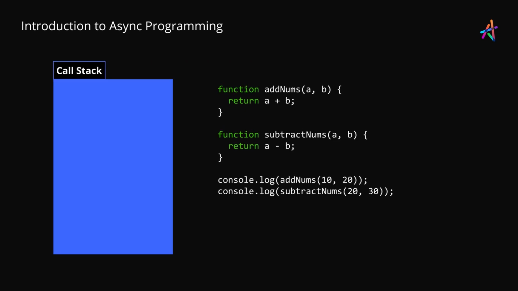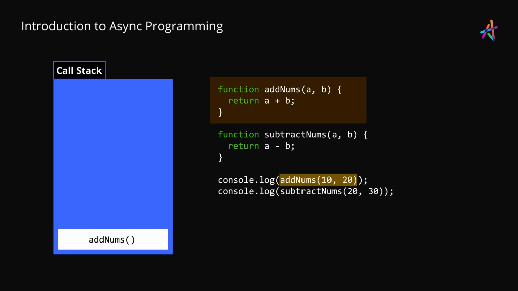Now, inside your JavaScript engine, such as V8 in the case of Chrome, there is a data structure known as a call stack. Think of it as a to-do list which the JavaScript engine needs to execute your code. Only that items that go in first cannot be processed if there are other items pending processing on top.